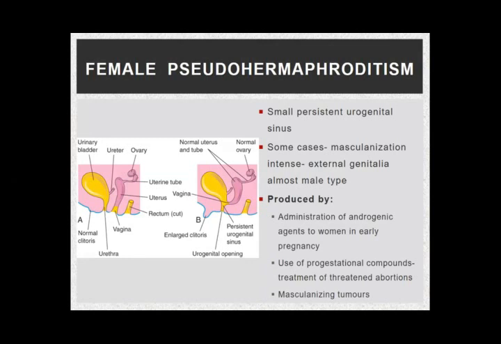So basically, the uterus has developed, but it is opening into the urinary bladder, or the vagina may be opening into the urethra. Masculinization, intense masculinization of external genitalia may occur.